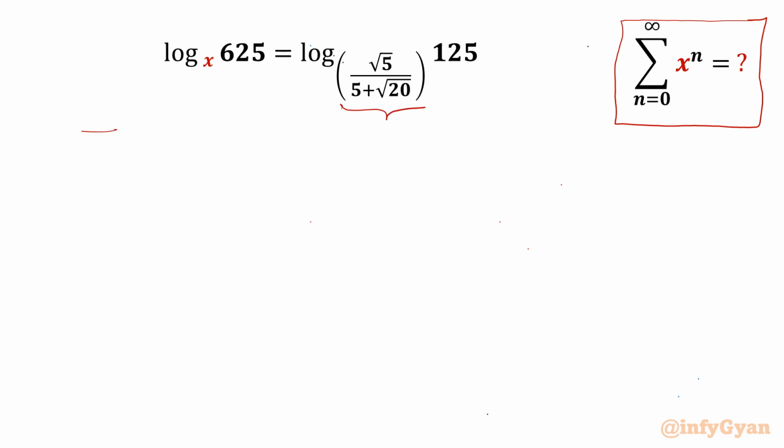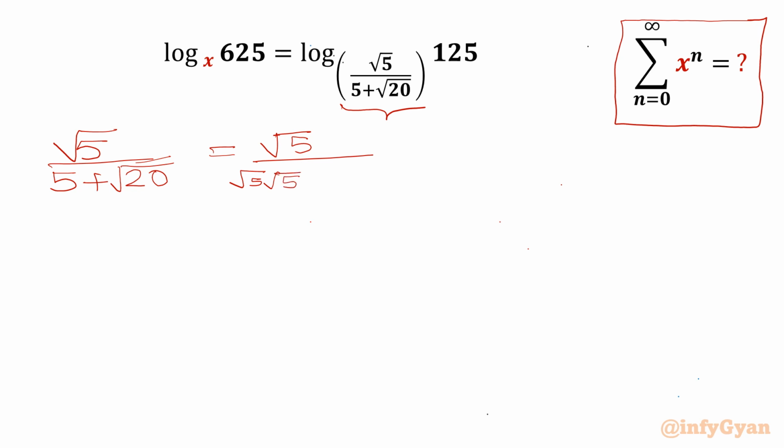So I will be writing here root 5 over 5 plus root 20. I can write root 5 over 5 as root 5 times root 5, plus root 20, which we can write as root 5 times root 4.